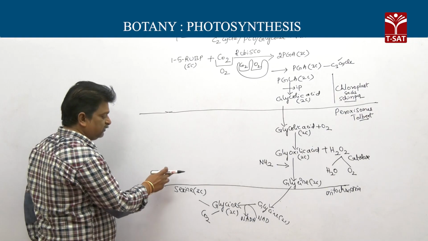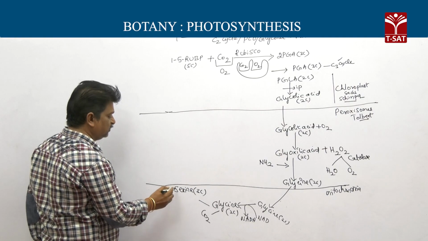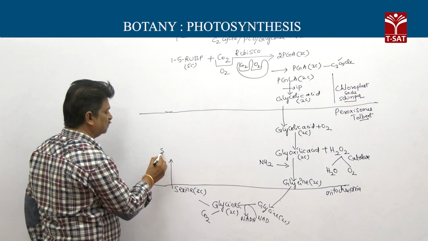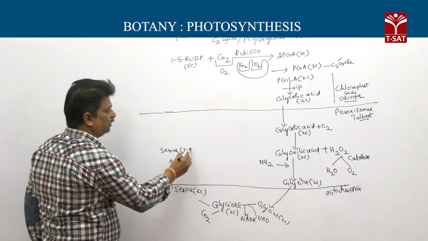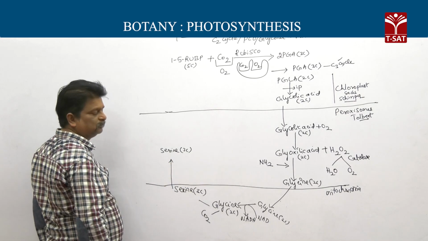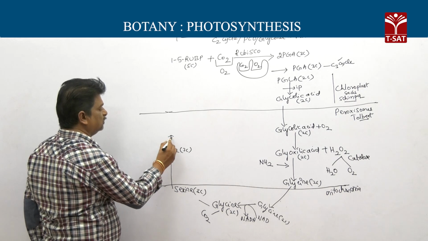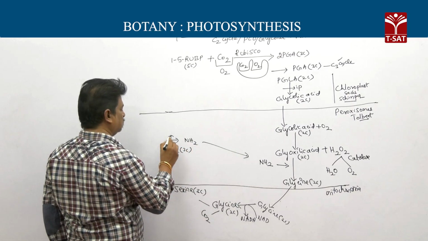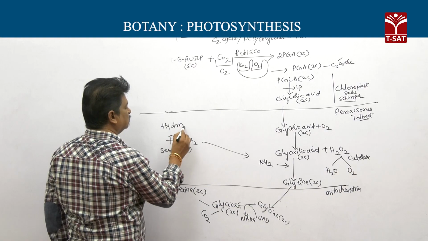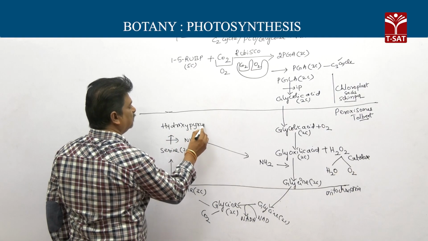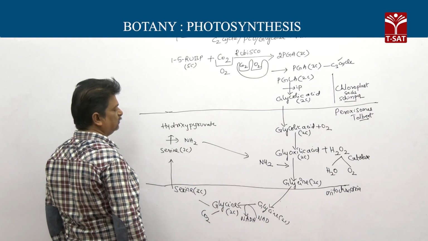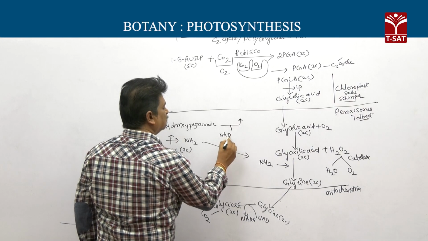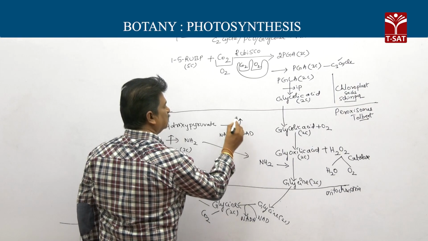Then after formation of serine in the mitochondria, this serine enters into the peroxisome. In peroxisome, this serine by deamination forms hydroxypyruvate. Then this hydroxypyruvate is reduced to glycerate.